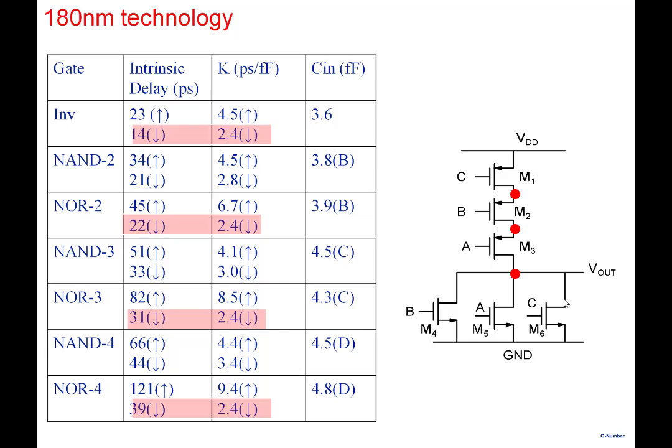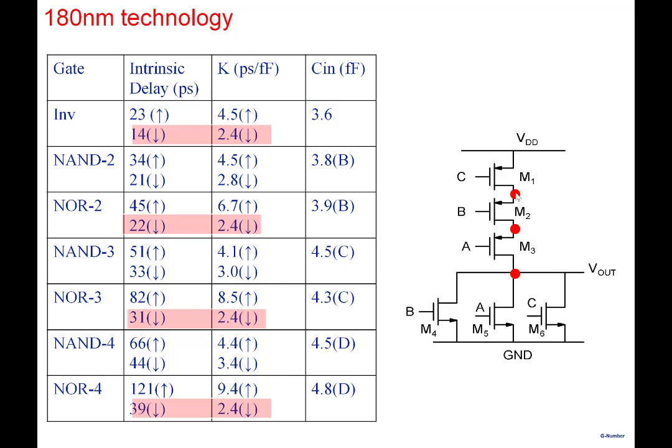Because what is pulling it down is this particular transistor, and the pull down strength is remaining constant, 2.4, 2.4, 2.4. Why is it increasing? Because of the increase in this particular capacitance. As the fan-in increases from 2, 3, 4, you have more transistors connected to this particular node, so the capacitance at this node is increasing. And then you have more and more internal nodes. They also have to be discharged.